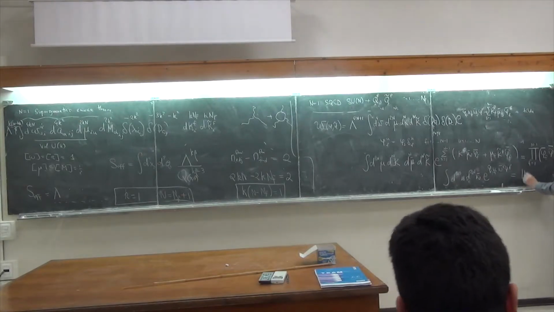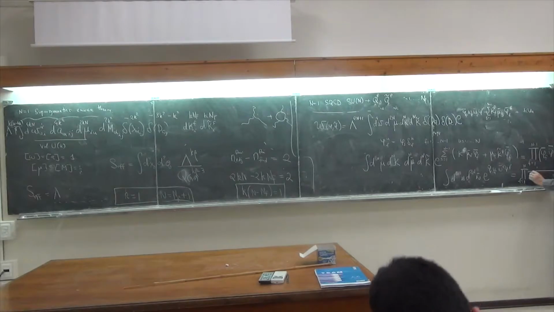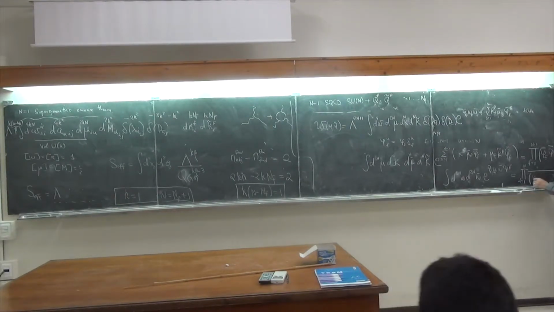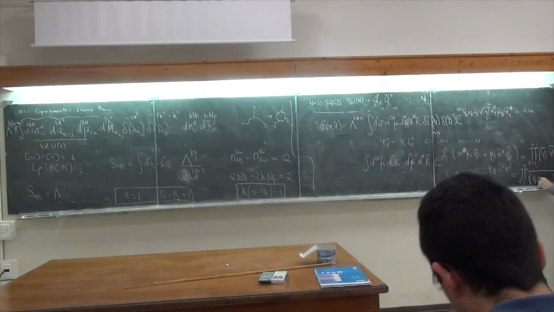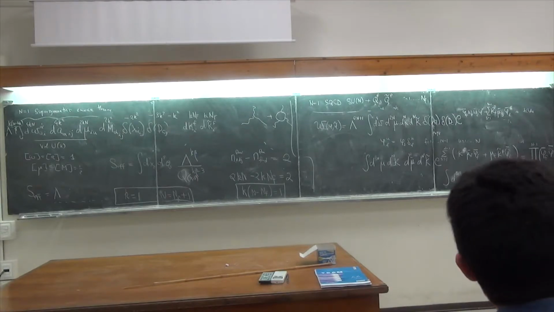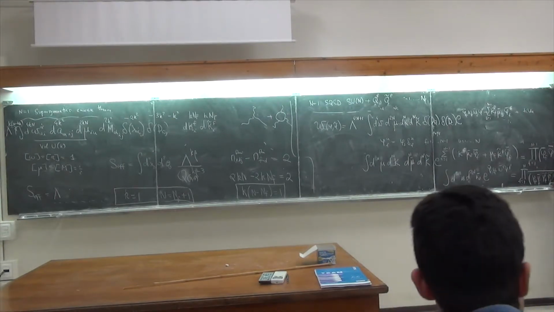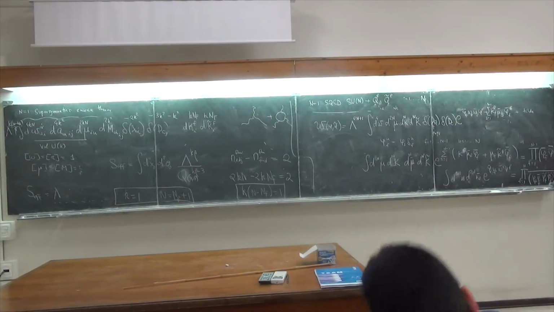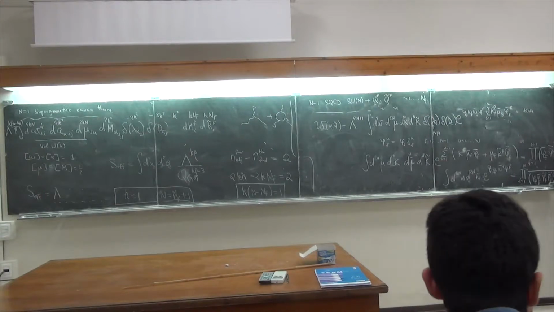This will be the product from n equals to 1 to n of 1 over the square root of phi f theta phi f bar. Okay, they are complex.